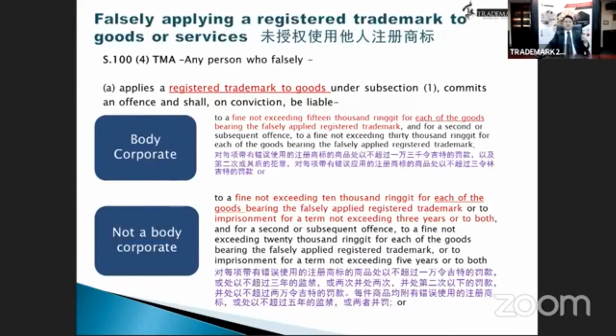If you have a subsequent second offense, that means you do it twice, this is the second time you do it, you will be fined not exceeding 30,000 ringgit for each goods bearing the false trademark. Now, if you are not a corporate body, you are an individual, you will be fined 10,000 ringgit for each goods, for each goods.